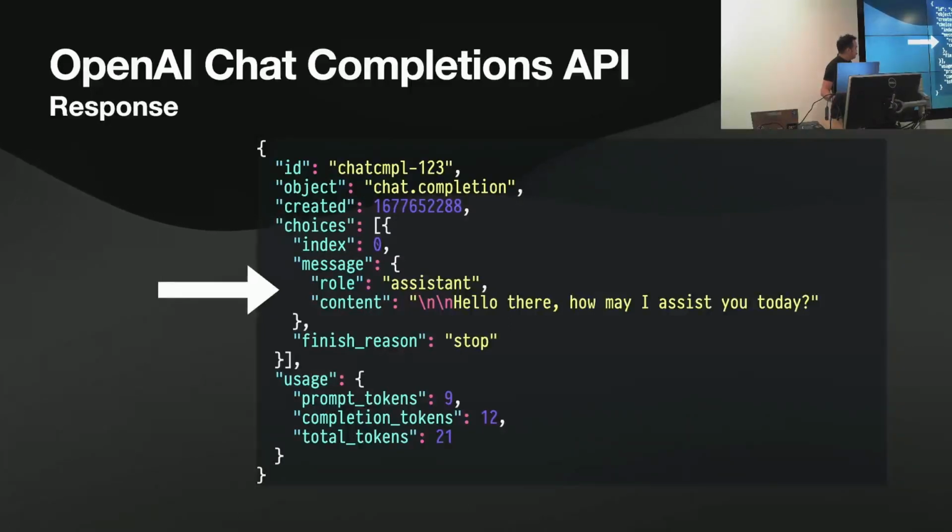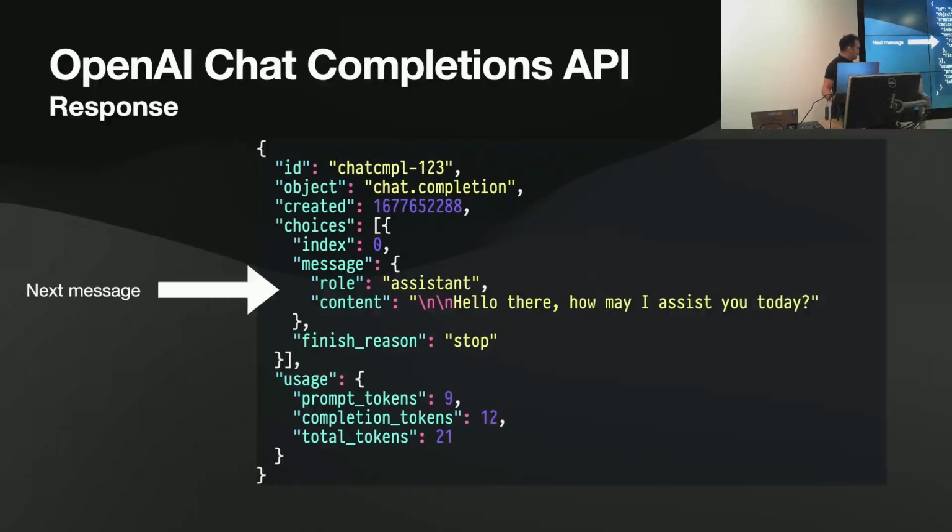So it will respond with what it thinks should be the next message in the conversation. And you'll see that you get a choices array. Currently, I think the API only responds with one choice, but I think they've structured it like that, so potentially you could pick multiple choices in the future.